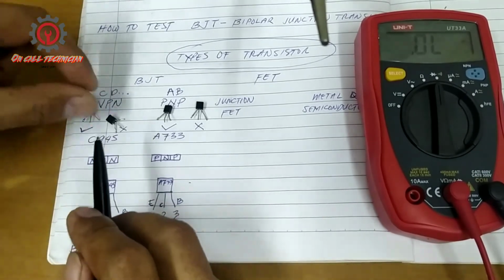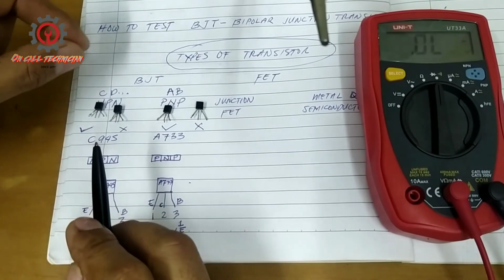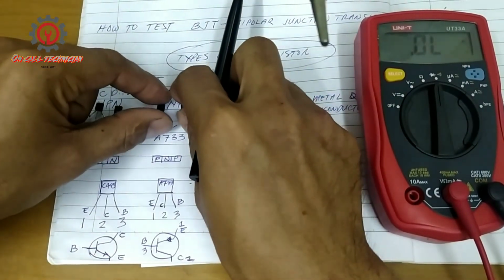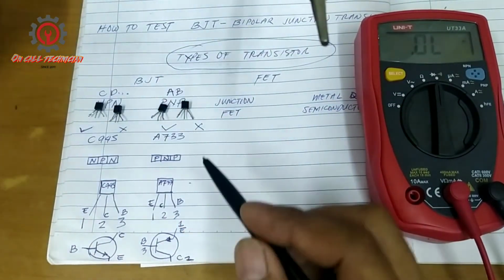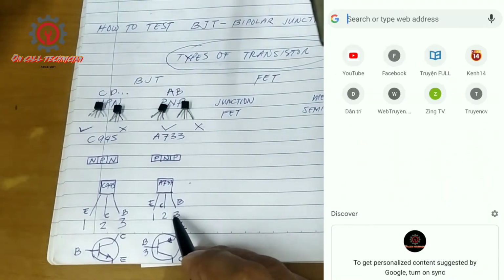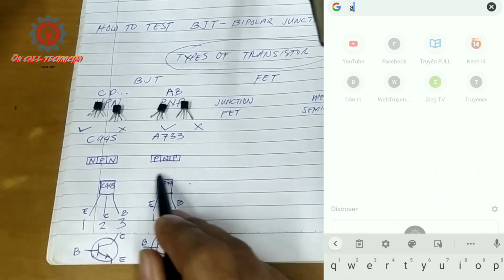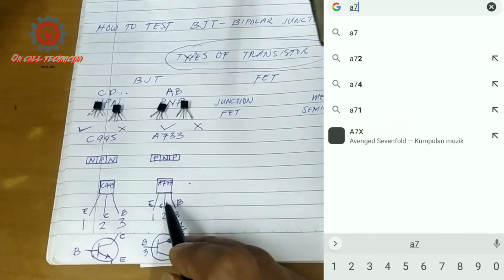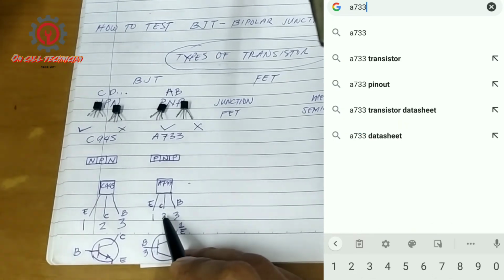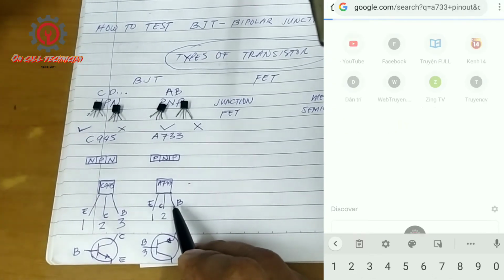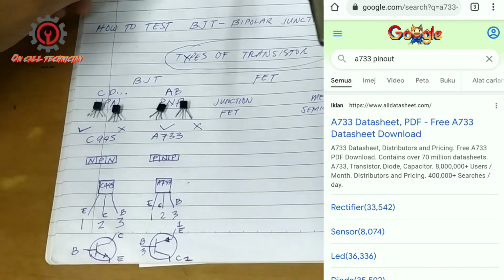So you can distinguish that one, but in order for you to get the pin orientation, you can Google the transistor number and the pinout, and it's very easy for you to check.